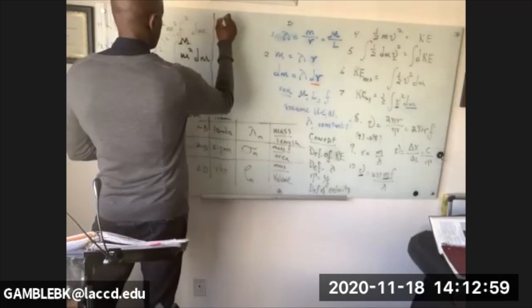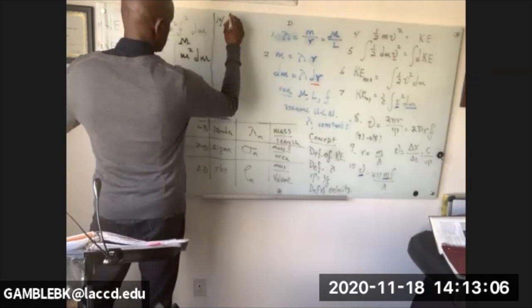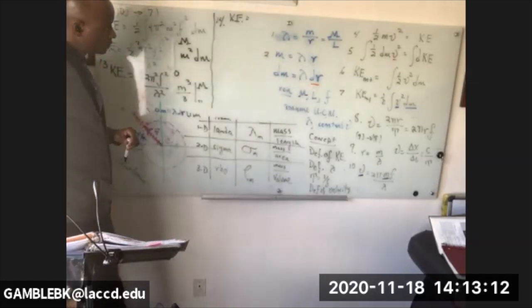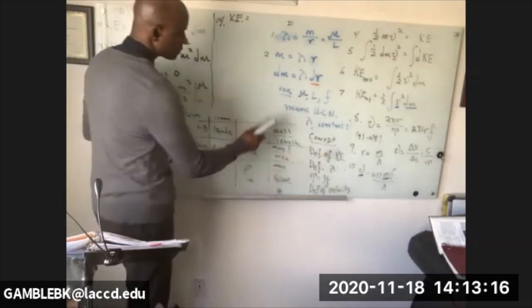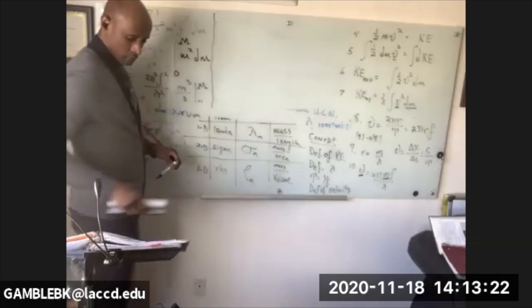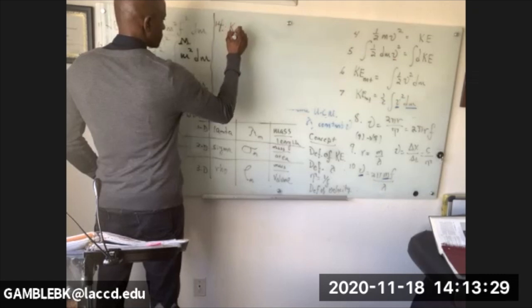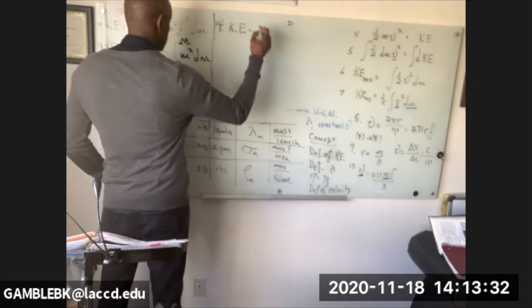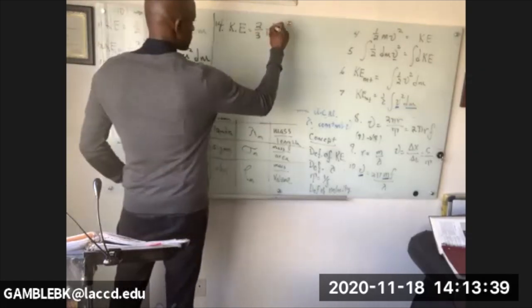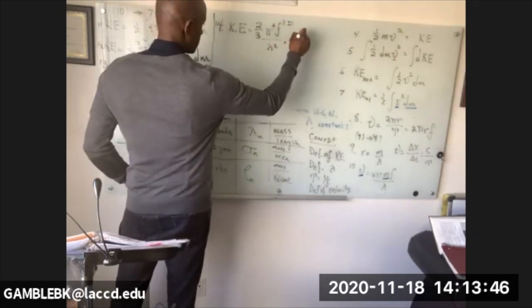So that's going to be 2/3 pi squared f squared over lambda squared times M times M, or M cubed.